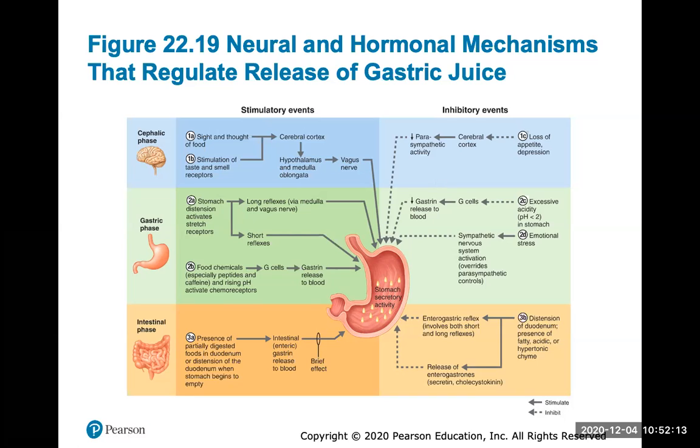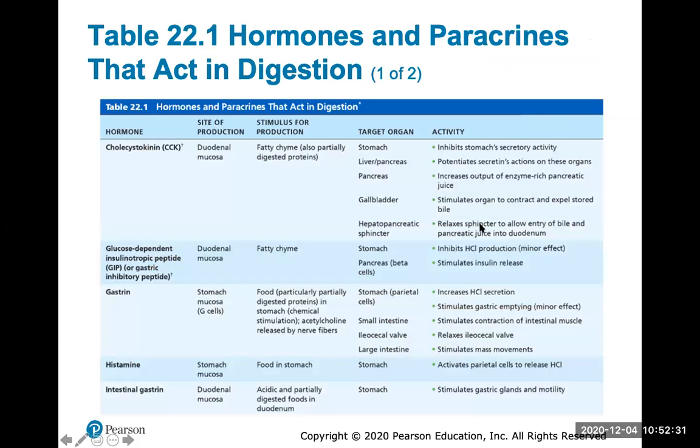Remember, your parasympathetic is your rest and digest division. So decreased parasympathetic activity will inhibit stomach activity or inhibit gastric juice secretions. Seeing or thinking or smelling food will stimulate gastric juice secretions.